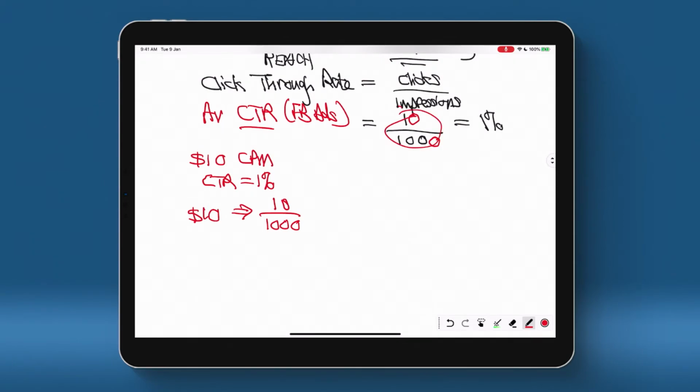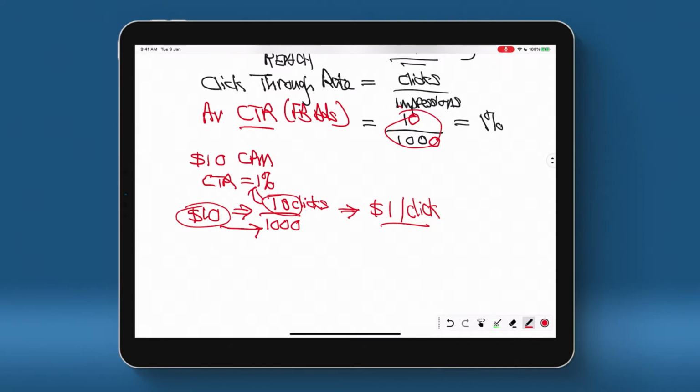So if $10 after 1,000 impressions gets us 10 clicks, each click therefore is $1. I hope you can follow along this basic math. If not, you're in deep trouble, my friends. Okay, so $10 gets you 10 clicks, assuming 1% CTR. Therefore, each click is 10 divided by 10 equals $1 a click.